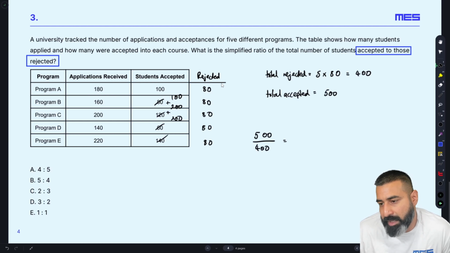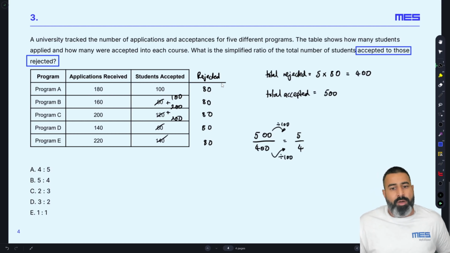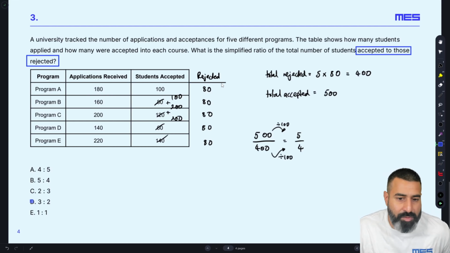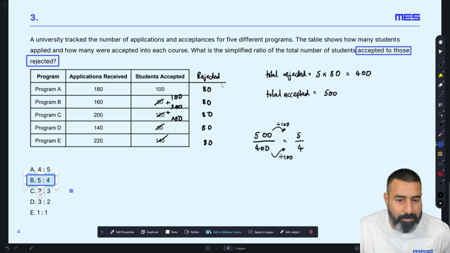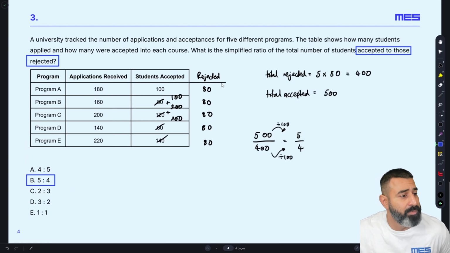So then dividing by 100 on both of them, you will get 5 to 4. So 5 to 4 is the ratio, so therefore the answer is B. Final answer. See you around next time.